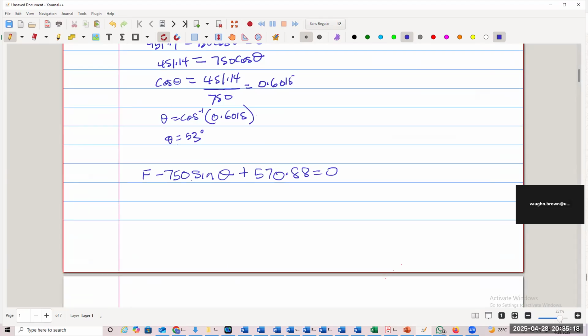So theta is 53, so you're going to just put it in this expression: minus 750 sine 53 degrees plus 570.88 equal to 0. And this simplifies to give F now, and we're going to work that out. So 750 sine 53.